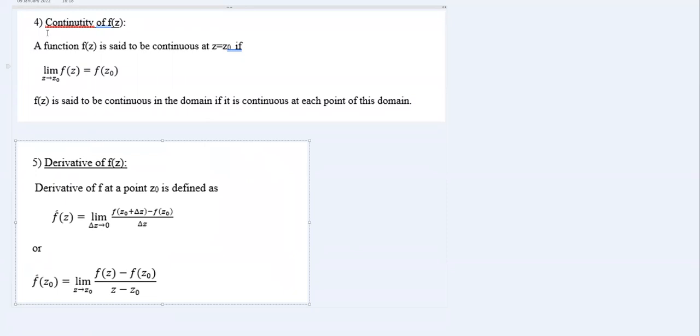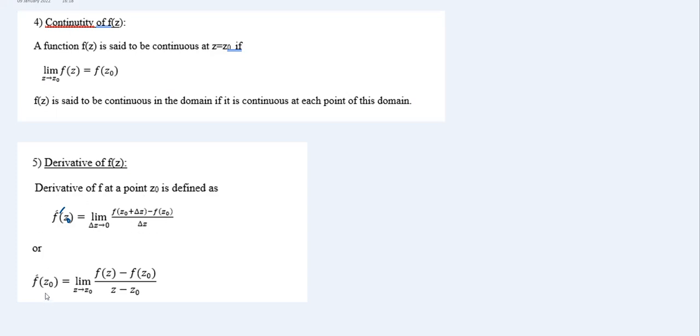So derivative of f at point z naught is defined as f dash z naught is equal to limit delta z tends to 0, f of z naught plus delta z minus f of z naught upon delta z.